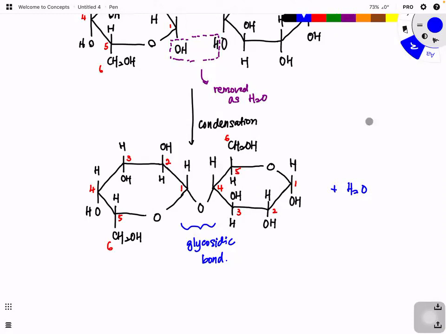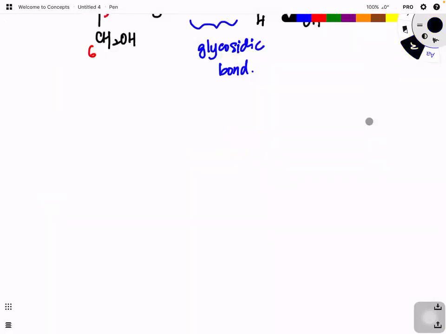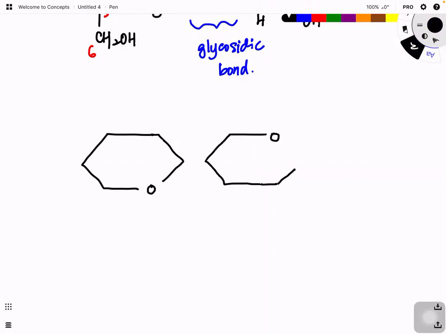Okay, so how does it look like? It would be something like this. So carbon number 1, the OH group, right?